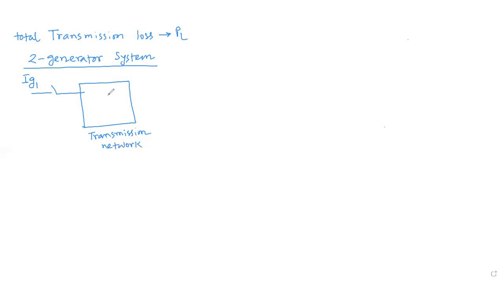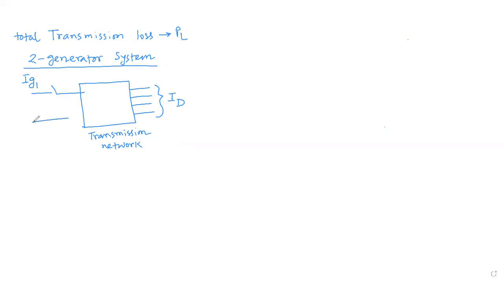In the transmission network itself, there are many buses as well as many interconnections or links between the buses, which are usually known as transmission lines. Ultimately, at the receiving end, we have a series of loads connected at different buses in the system. We will assume that combinedly the load is consuming ID amount of current.